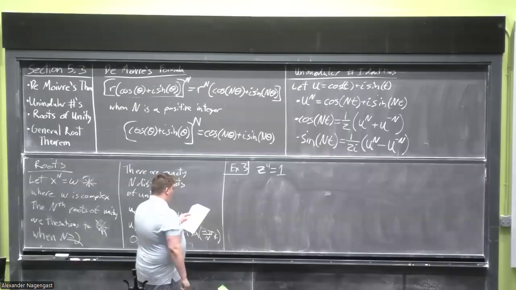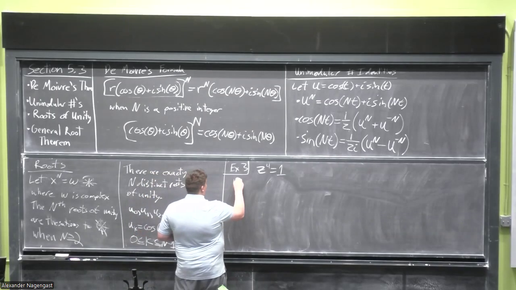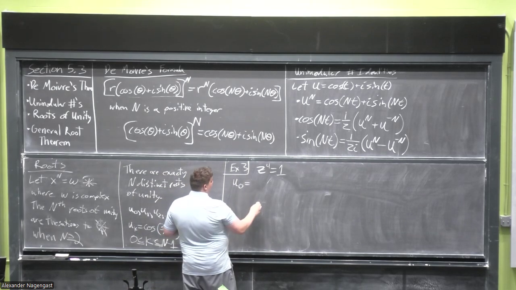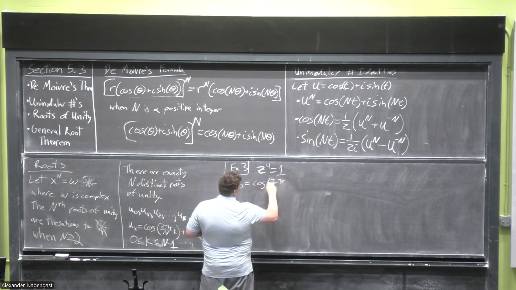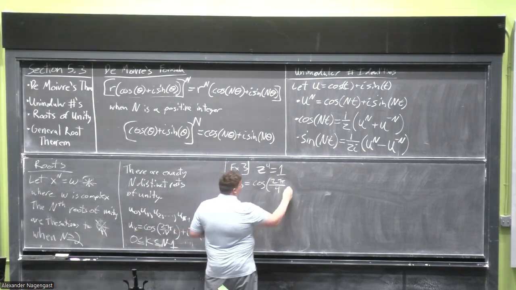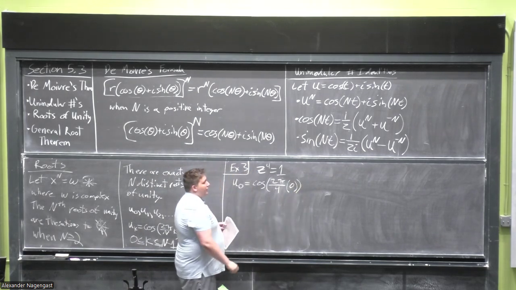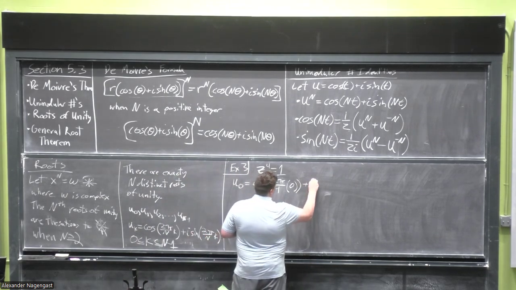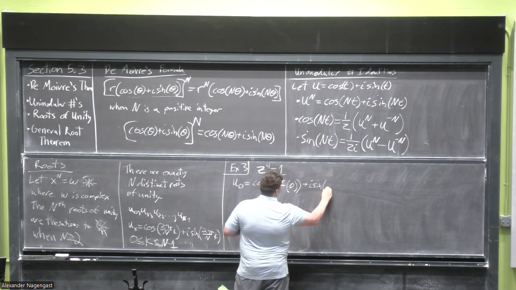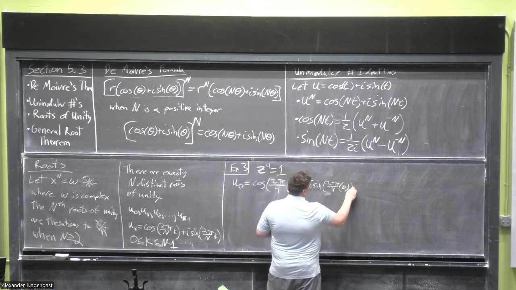We're going to do much of the same thing, where u0 is going to equal cosine of 2 pi over 4, because that's our power, times which root we're interested in, in this case 0, plus i sine of 2 pi over 4 times 0.